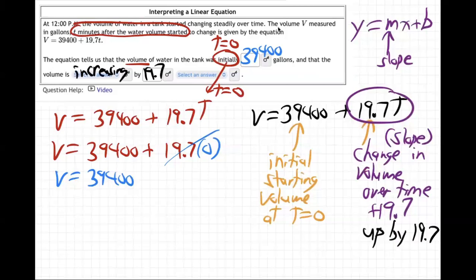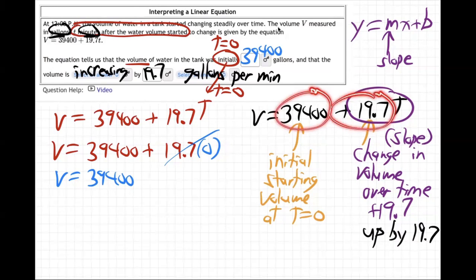Well, this is in gallons per minute, right? Because the volume is in gallons and the time is in minutes. It's gallons every minute. So in other words, the volume in the tank starts out at 39,400 and it's going up by 19.7 gallons per minute.